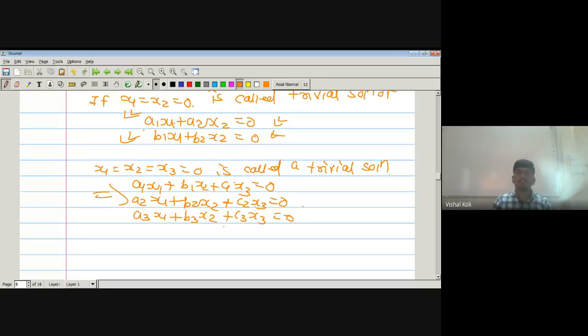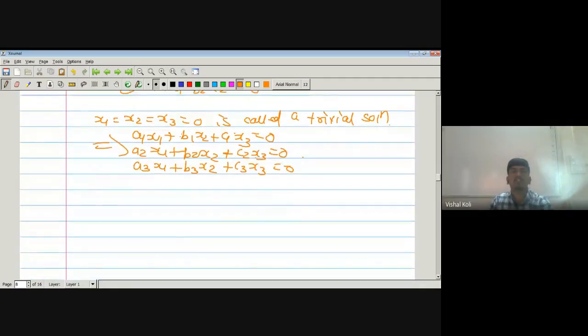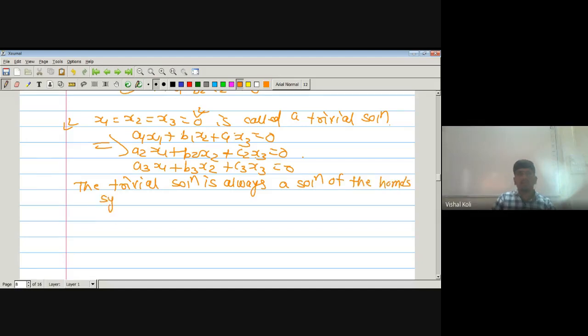Therefore, this is always a solution of the given homogeneous system of linear equations. That is, if it has three equations and three unknowns, x1, x2, x3 equal to 0 will be a solution. Whatever the homogeneous system of linear equations, it always has a solution, which is a trivial solution. The trivial solution is always a solution of the homogeneous system of linear equations.